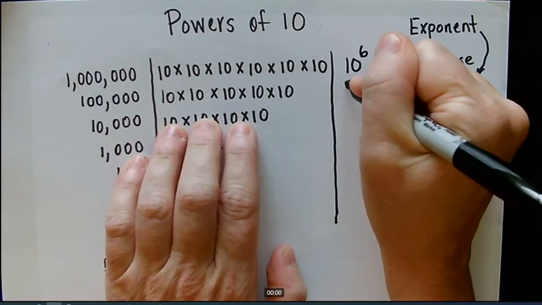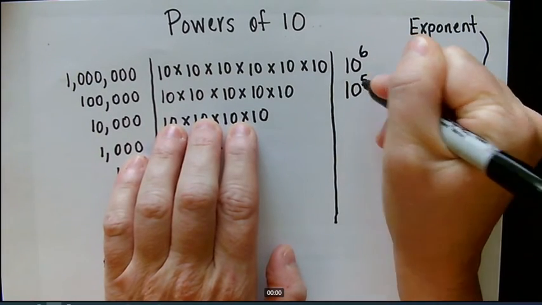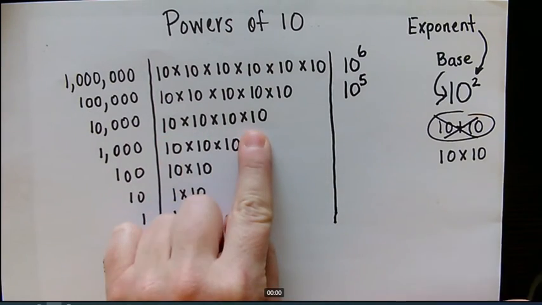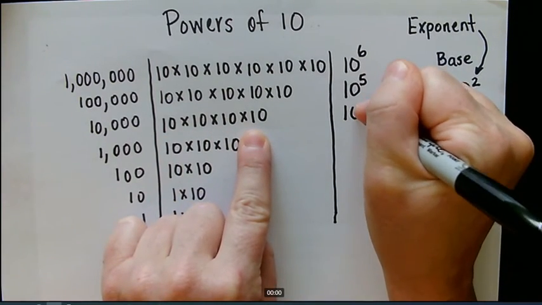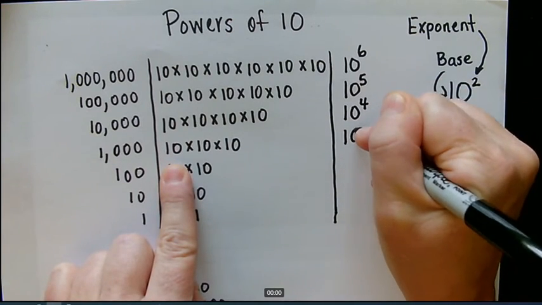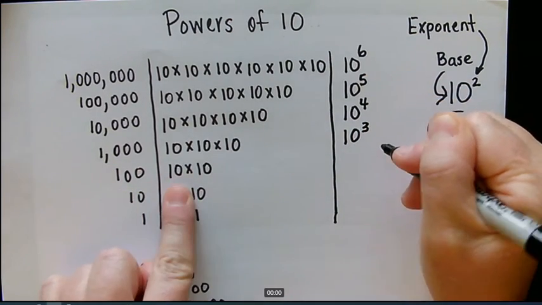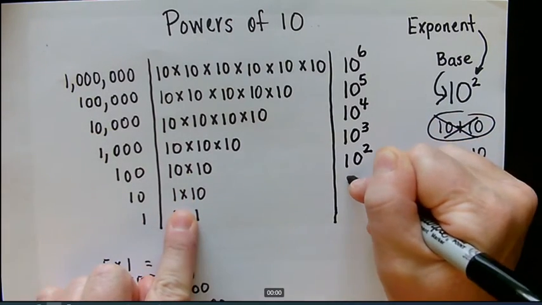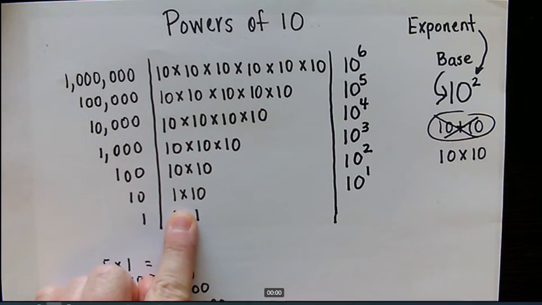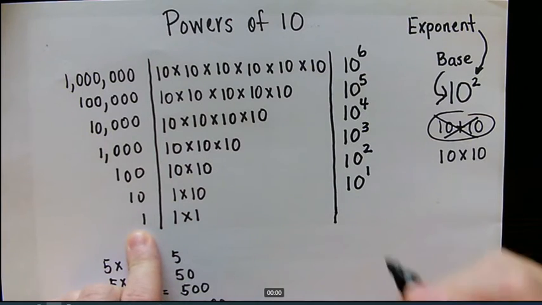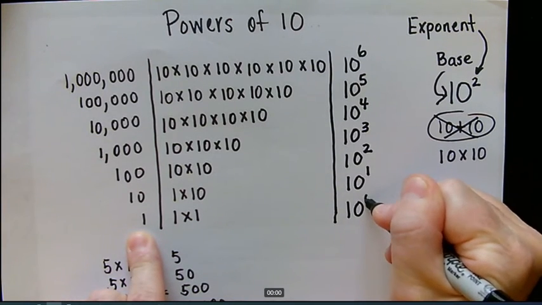So that would be 10 to the power of 5. 10,000 has 1, 2, 3, 4. So that would be 10 to the power of 4. 1,000 has 3 tens. So that's 10 to the power of 3. 100 has 2 tens. So that's 10 to the power of 2. 10 has 1 ten. So that's 10 to the power of 1. How many tens do we have with 1? 0. So it's 10 to the power of 0.